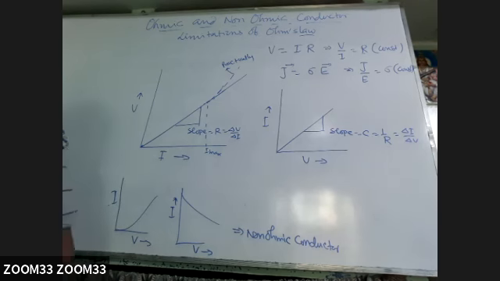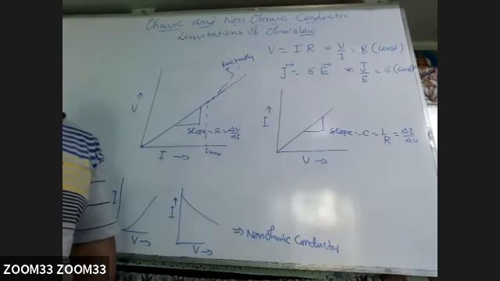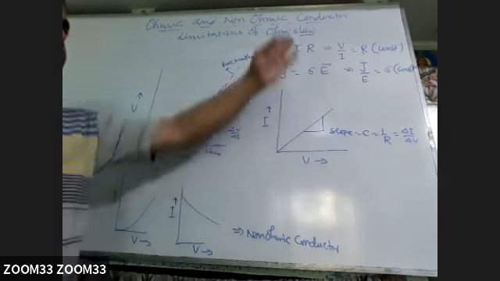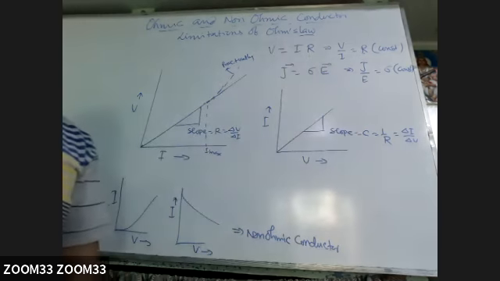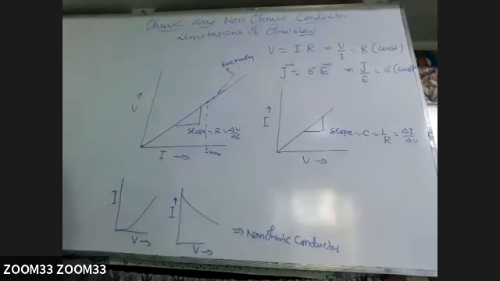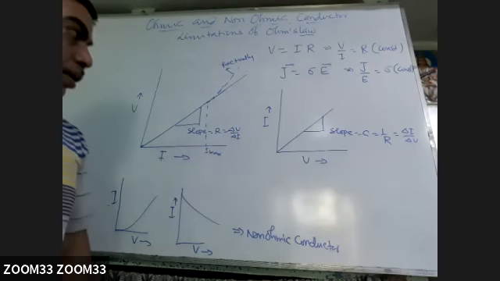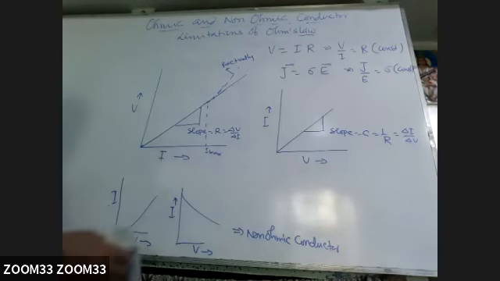We should not pass large current, otherwise heat will be produced and resistance will vary. Naturally, V by I will not be constant. Okay, so this is about this now.